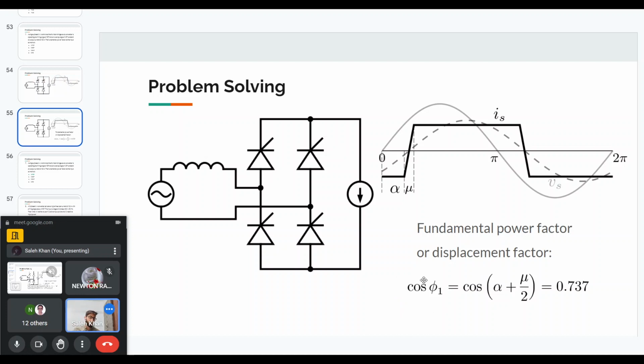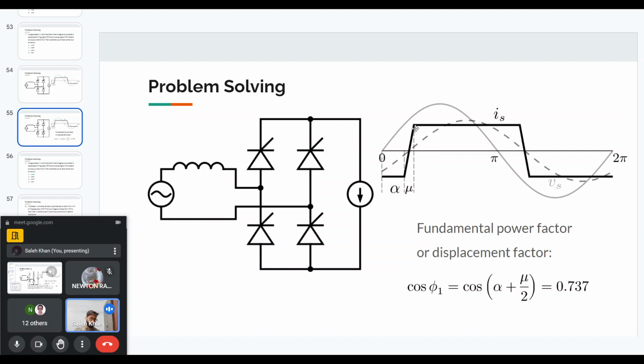So you can understand that the active power also decreases, because the active power now has this mu by 2 angle. That is one area where it affects the active power. Also, the output voltage will have a reduction because there will be a notch in the output voltage, so the average output voltage reduces, and since it reduces, the output current also reduces.